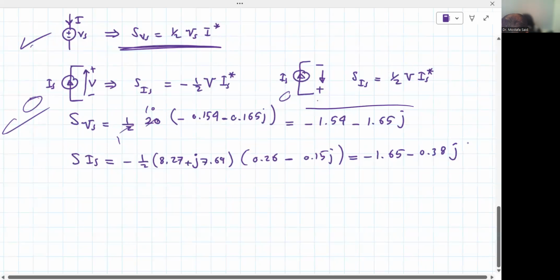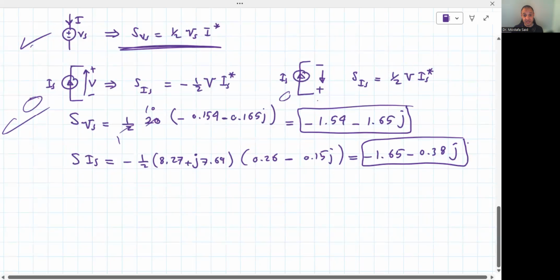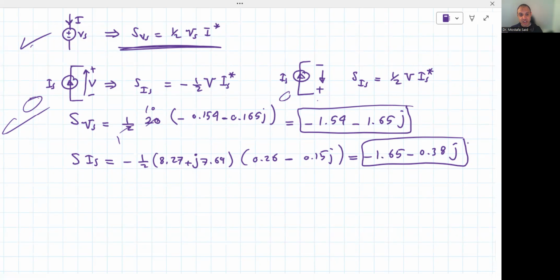Now, in our circuits, we have generated power and we have generally consumed or stored power. In an AC circuit, the generated power will be equal to the stored and consumed power.